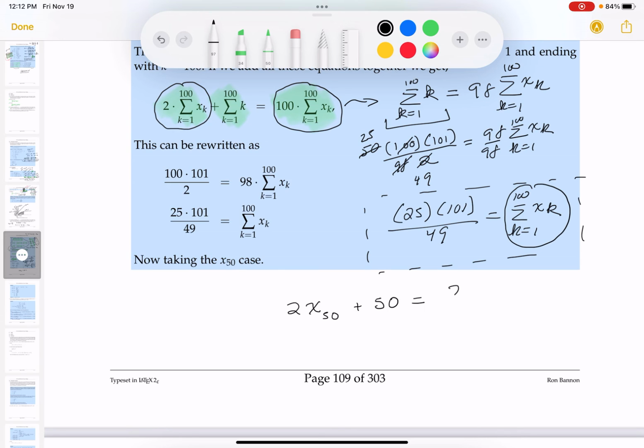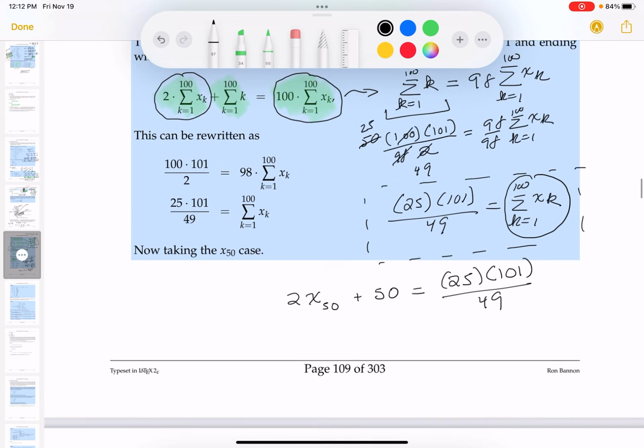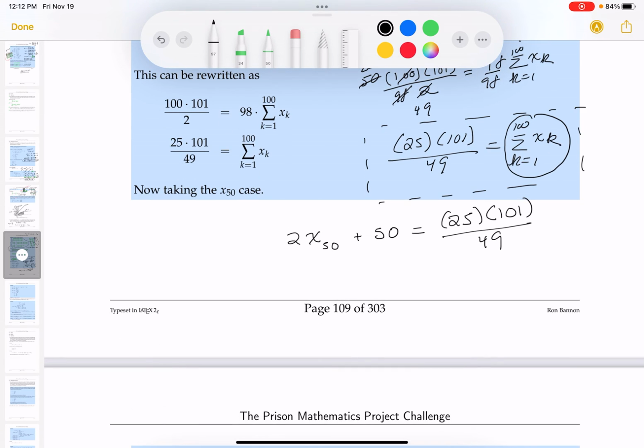And what's that going to be? 25 times 101 over 49. I got some work on my hands, don't I? Let's write this down. x50 equals 25 times 101 over 49 minus 50.